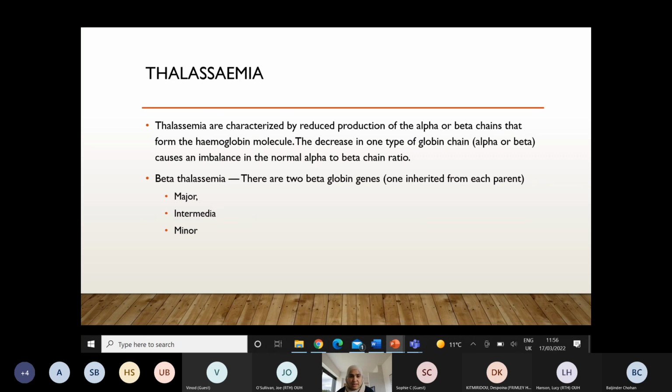Thalassemias are where the production of alpha or beta chains is impaired because of genetic defects. There are two major types of hemoglobin chains, alpha and beta, in adult hemoglobin. So there are two types of thalassemias: one is beta and one is alpha.